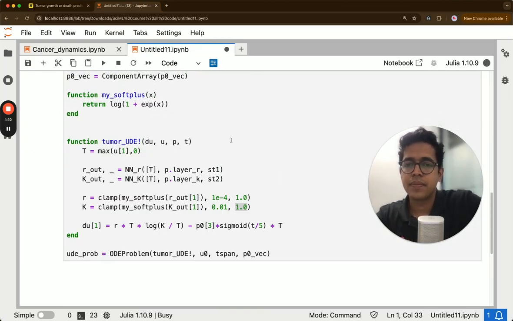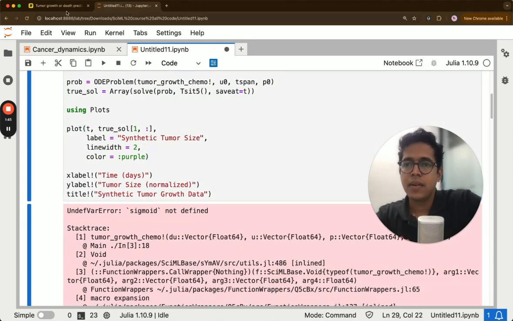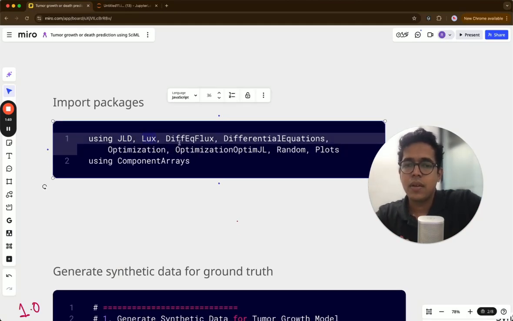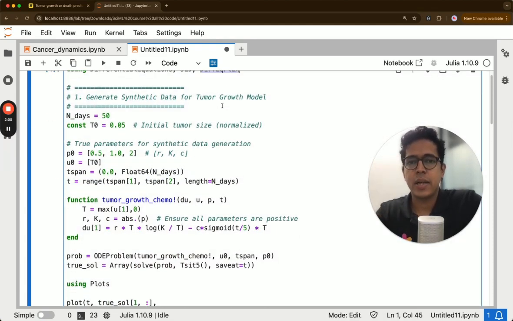We'll see. Lux. So this was the package that was needed, differential equation flux.